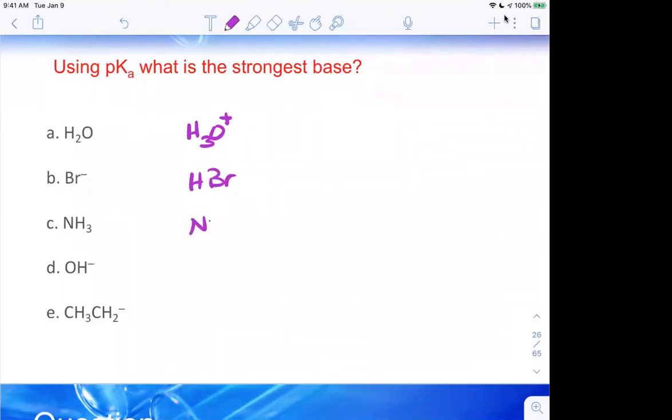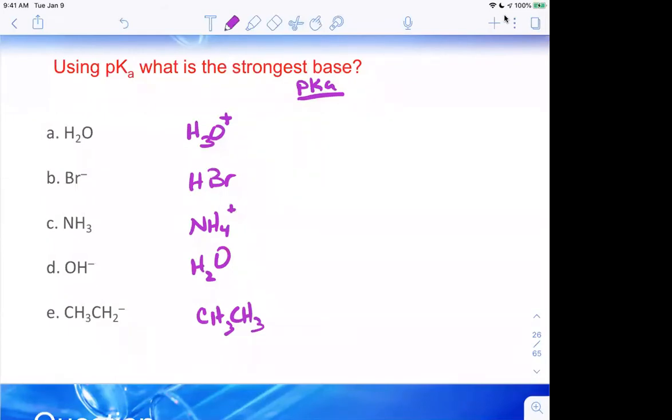I need to think about NH4 plus. I need to think about H2O, and I need to think about alkanes. So when I do this, I need to be able to use my corresponding pKa chart, and then I'm going to correspond again to see which is the strongest acid.